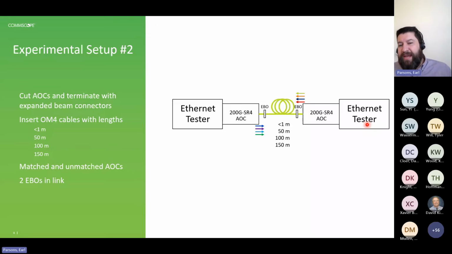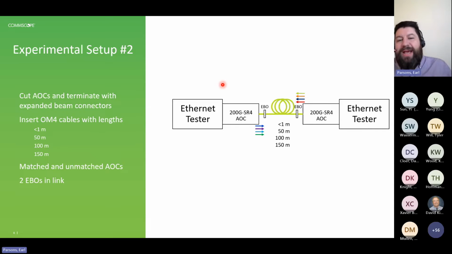So here's the second experimental setup. What we did, we took those same AOCs, we cut them in half and terminated them with these expanded beam connectors. Then took different cables of OM4 of different lengths, put EBO connectors on the end of those as well, put them in between, and would measure the results for different lengths.